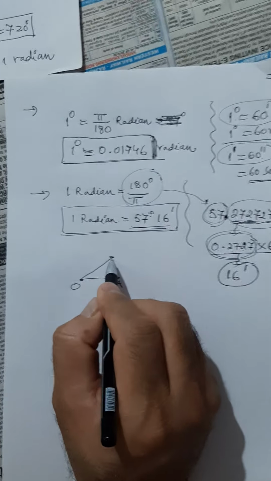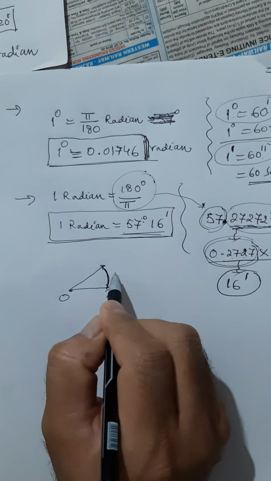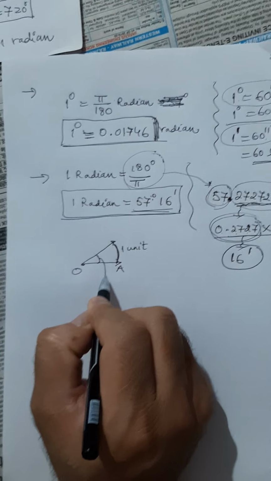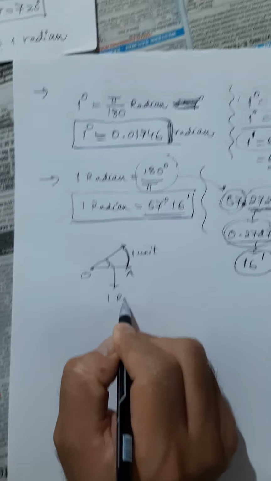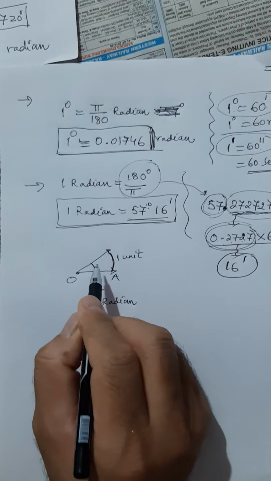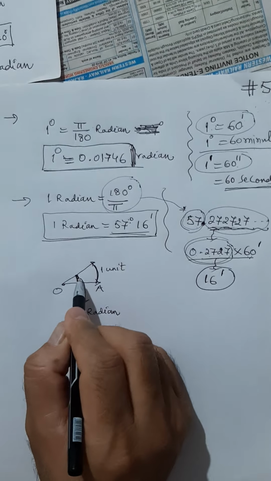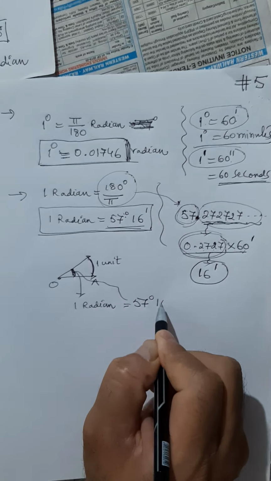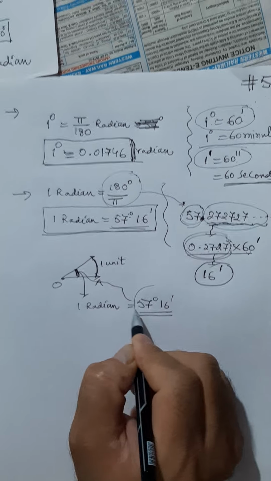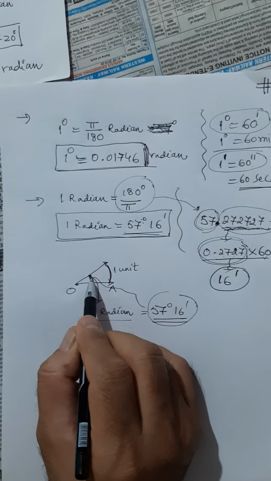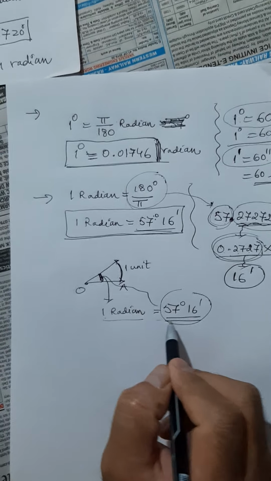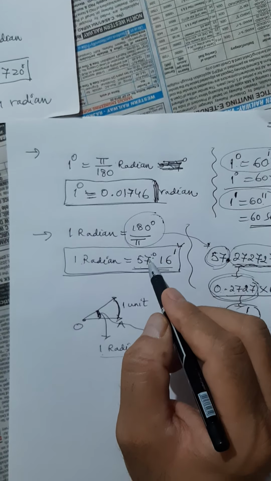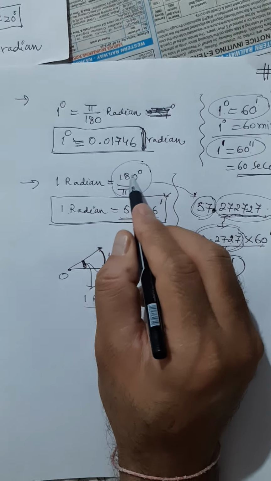If this is 1 unit of arc length, then this is 1 radian measurement of an angle, and the same measurement in degrees will be roughly 57 degrees and 16 minutes. This is in degrees and this is in radians. 1 radian is roughly this much, so you need to remember this. You can do it by calculator simply, 180 by pi.